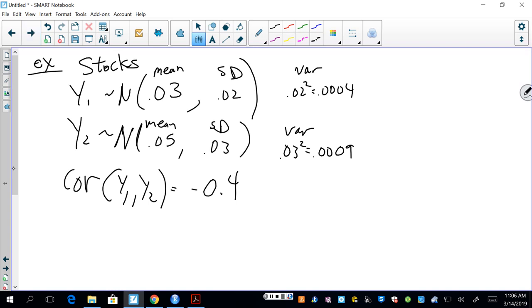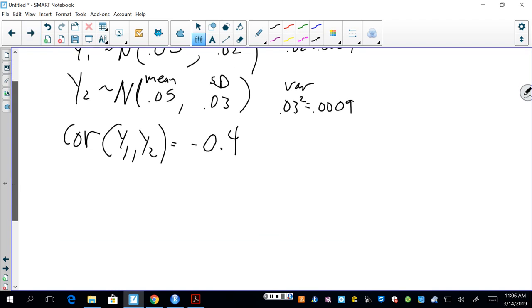Well, what if we just average them together? We're going to consider maybe a new option, (y1 plus y2) over 2. There's half the money in one, half the money in the other. How do we end up? What's the result? What's our expected return?